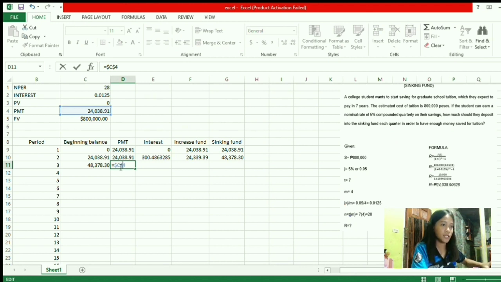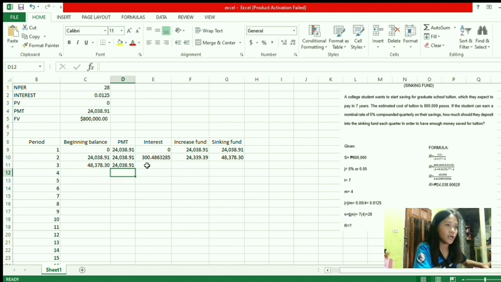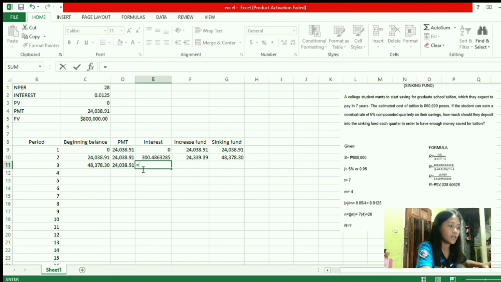Then enter. For the interest, equal sign and then the beginning balance times the interest at the top, and again put a dollar sign at the left side of C and between C and 2.